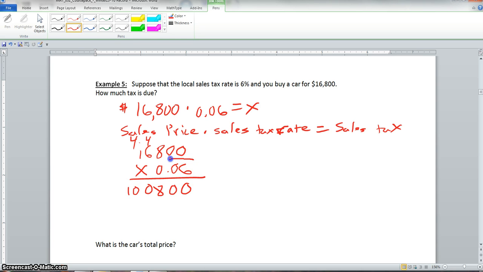Now we have 2 digits behind the decimal here, so we'll put 2 digits behind the decimal here. So how much tax is due? It'll be $1,008 is the tax due.